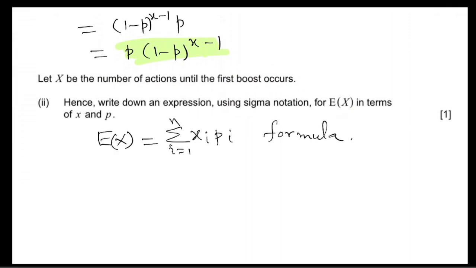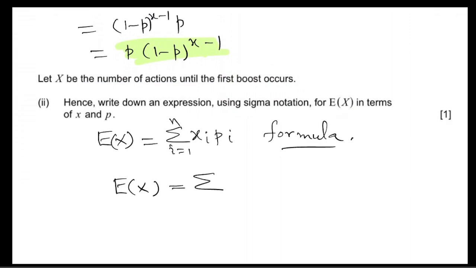But now we already have that in terms of x and p. Let X be the number of actions until the first boost occurs. So for that we will write sigma.